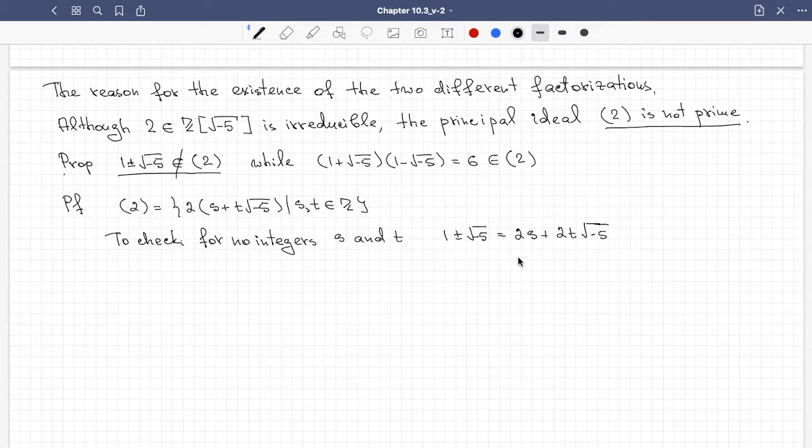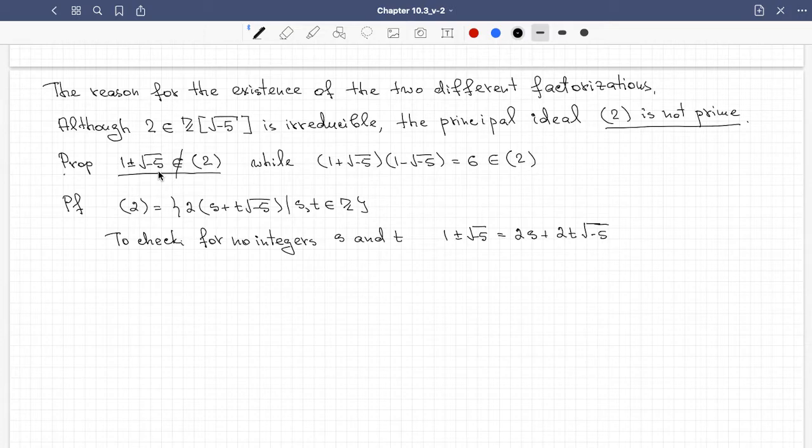So indeed I justified that the principal ideal generated by 2 does not contain 1 plus or minus root of negative 5.